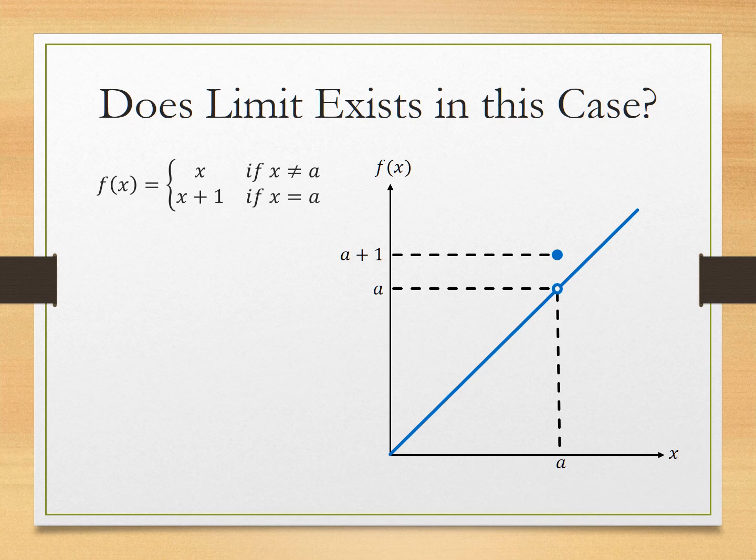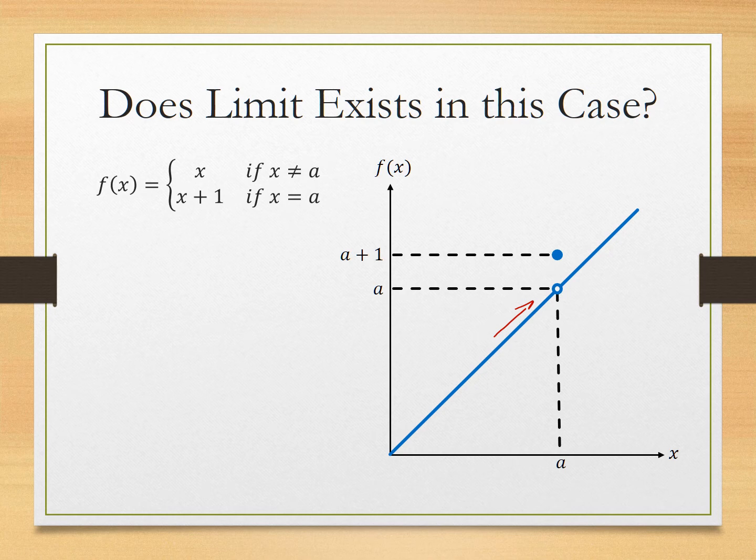Does the limit exist? Remember, the idea of limit is the function approaching a single value from both directions. From the left-hand side, it's quite clear that the function is approaching a value of a.